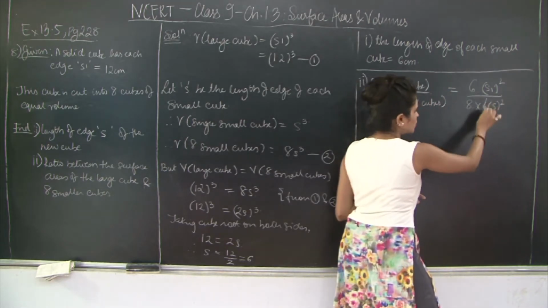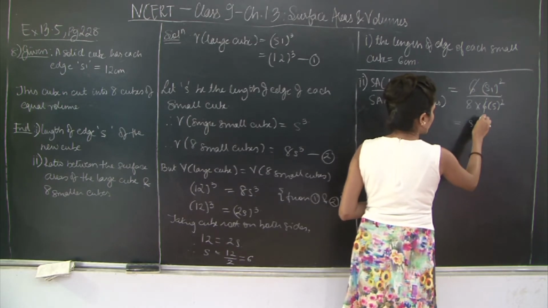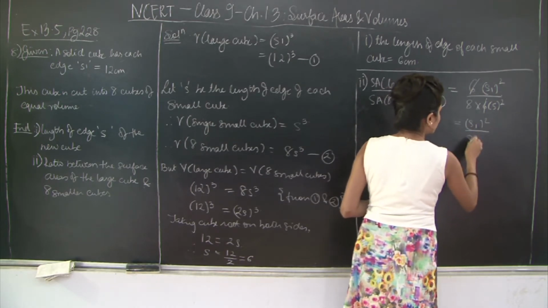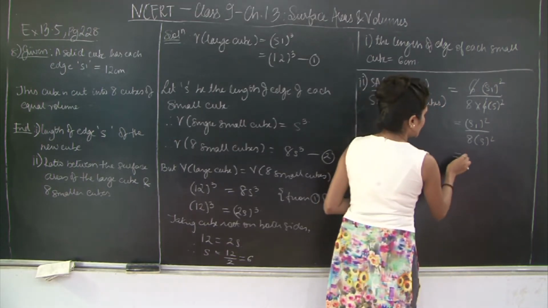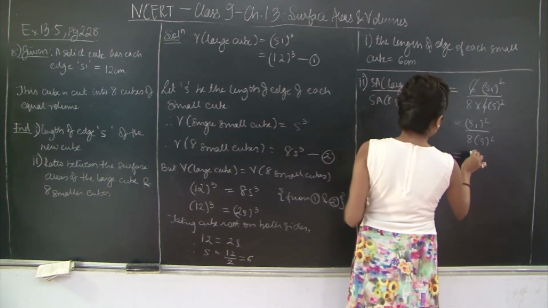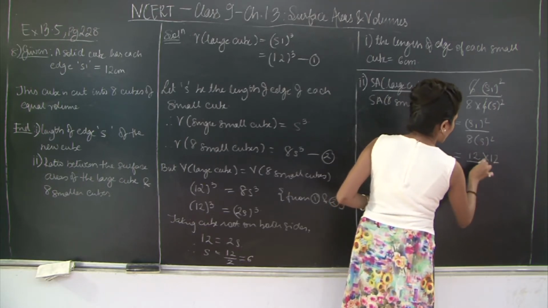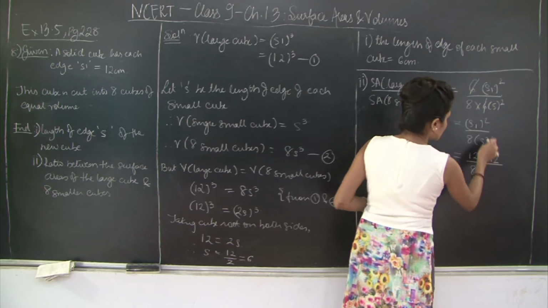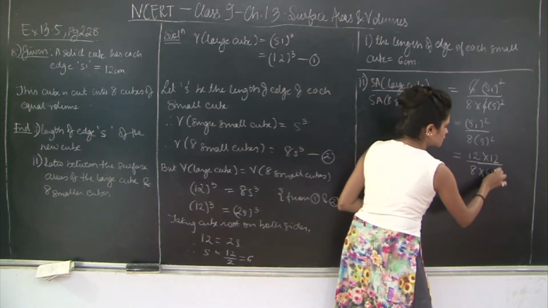So this 6 will cancel out with this 6. What are we left with? s1 square upon 8 into s square, right? So s1 is given to be 12. So 12 into 12, and you have 8 into, s is what we found out, which is 6 centimeters. So 6 into 6.